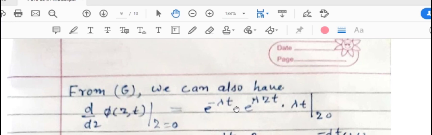I am explaining this mathematics for the sake of your interpretation and knowledge, but you need not write all these basic things in the derivation. You need not write so many words behind every justification.